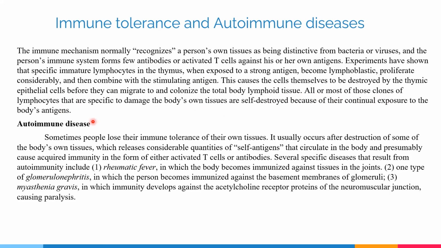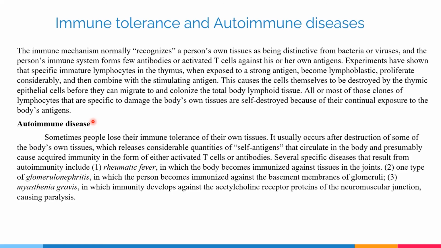As the thymus is directly connected to the blood flow, most of the self-antigens flow right through the thymus and the developing T cells. So if a particular T cell clone has the ability to bind to a self-antigen, it starts proliferating, is identified, and then destroyed by the thymus.